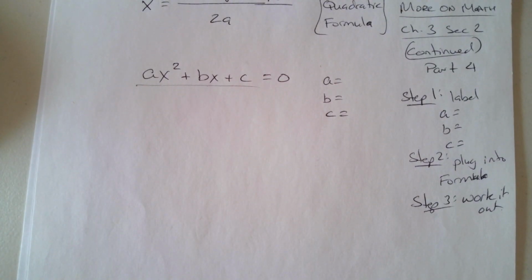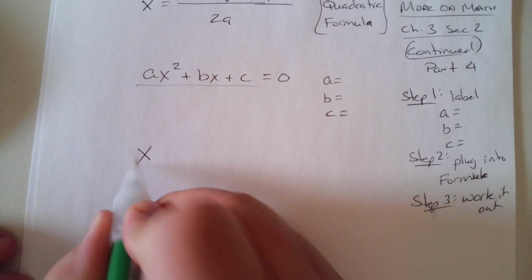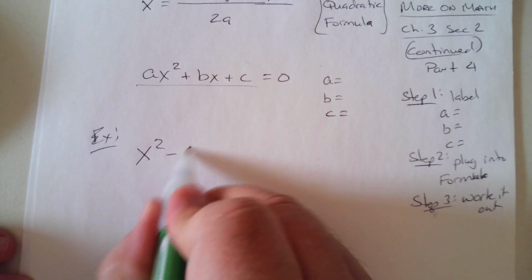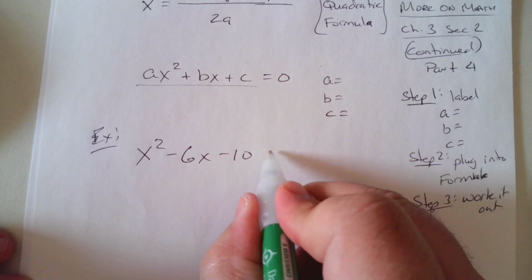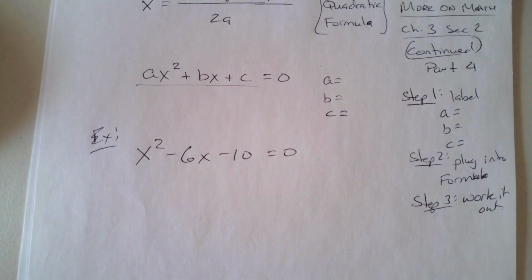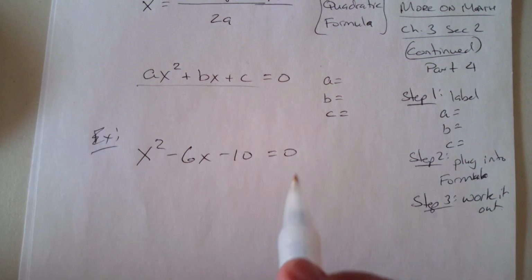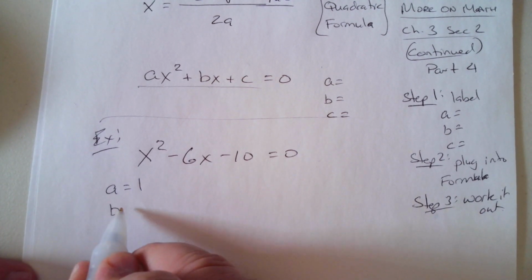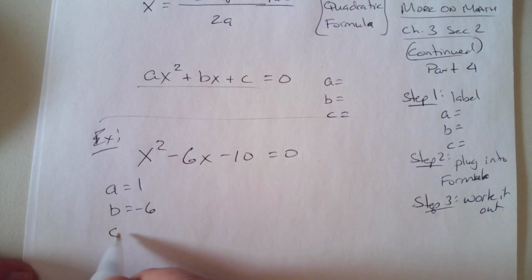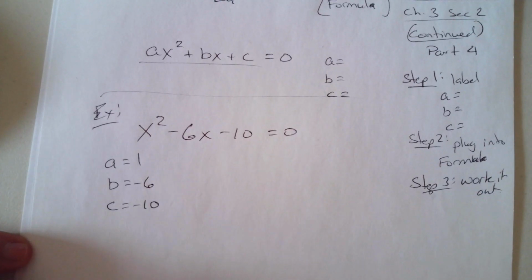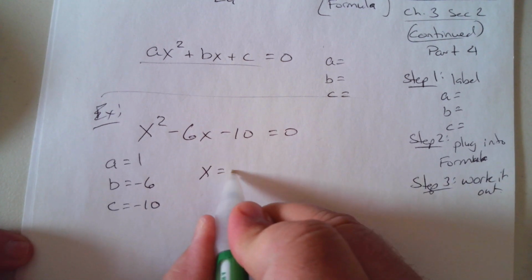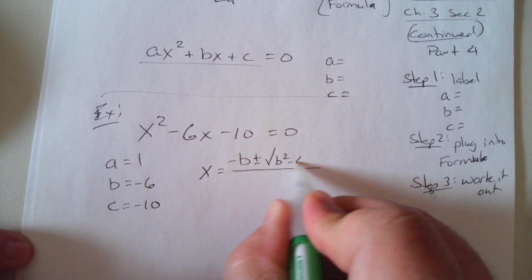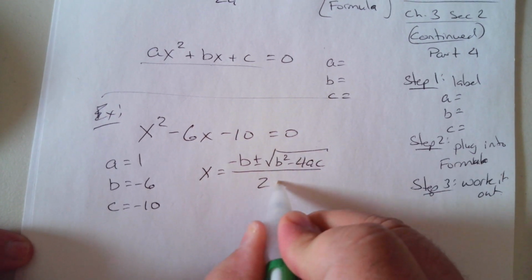Alright, so let's look at some similar examples we did in the past. x squared minus 6x minus 10 equals 0. A is 1, B is negative 6, C is negative 10. So the formula is negative b plus or minus the square root of b squared minus 4ac over 2a.